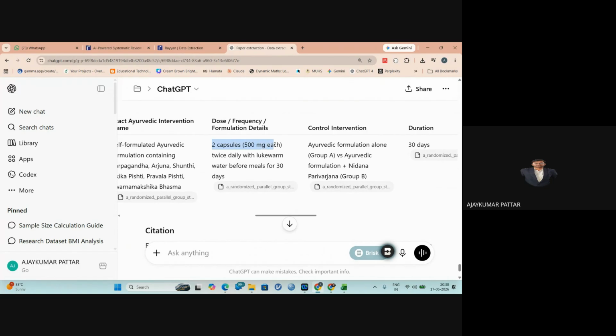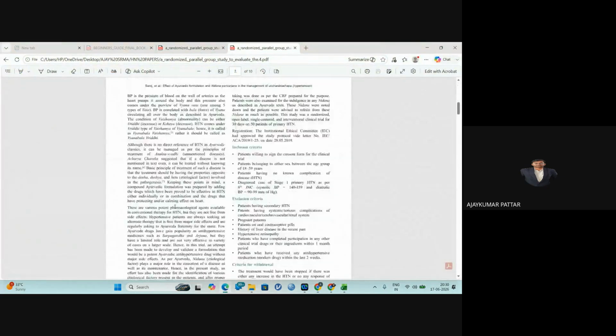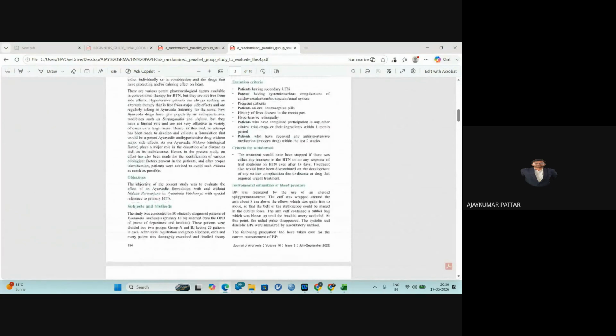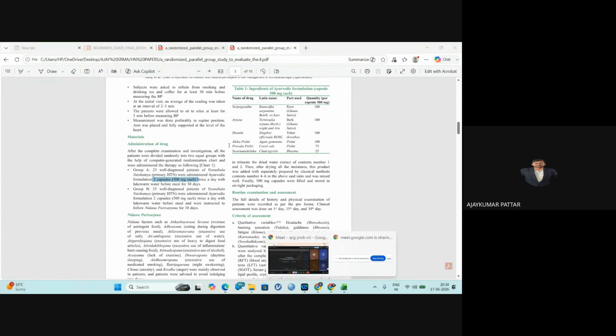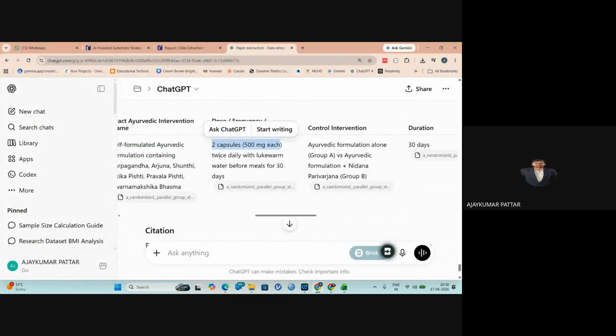Intervention formulation: it has given 2 capsules, 500 mg each. Then if you see the paper, they have mentioned what the intervention group is taking. In the administration of the group, group A is taking 2 capsules of 500 mg each, twice daily with lukewarm water before meals for 30 days.